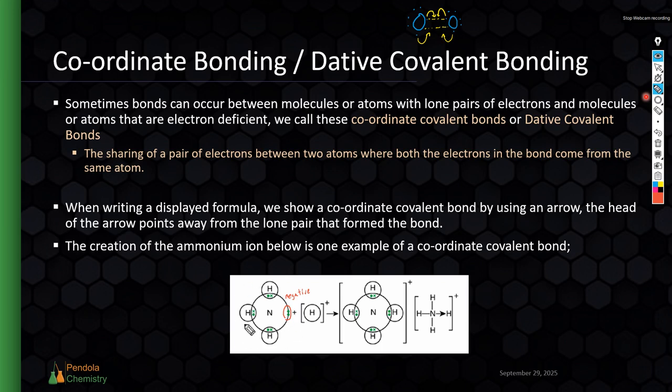So if ammonia ever meets a hydrogen ion, an H plus ion, which is essentially just a hydrogen atom without an electron, so it has no valence shell, which is a positive charge, that ammonia with its lone pair of electrons, and now this ammonia is partially negative on this side and partially positive on the hydrogen side, because remember that ammonia is polar. We'll talk more about polarity later, but just from honors chemistry.